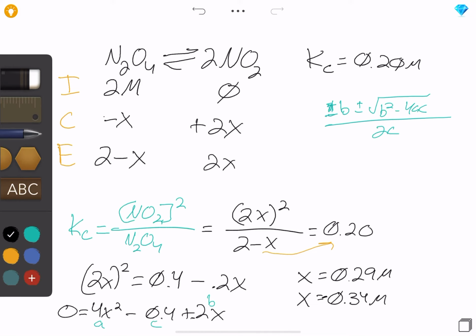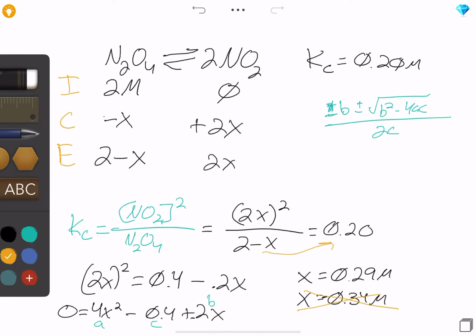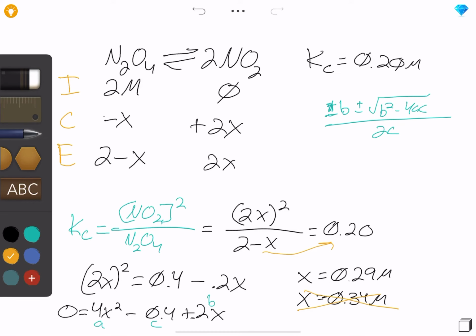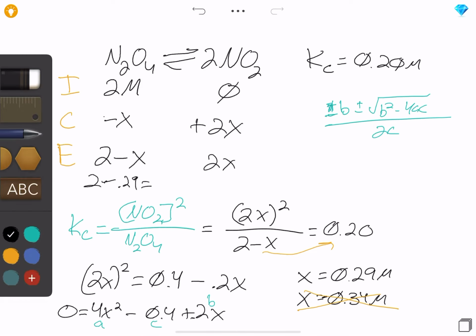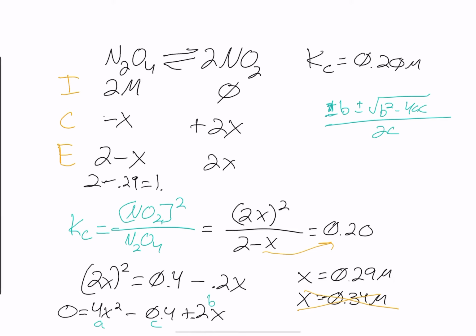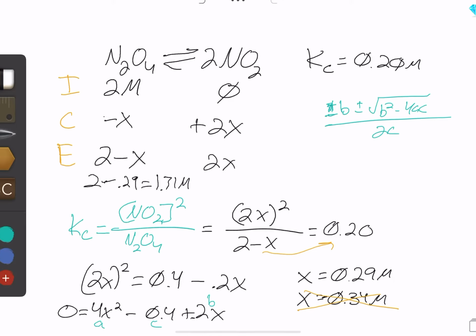Okay, so the negative doesn't make sense in this case. So we're going to reject that answer for x, and we're going to take the 0.29. So if we take the 0.29, we got 2 minus 0.29, which is equal to 1.71 molar.